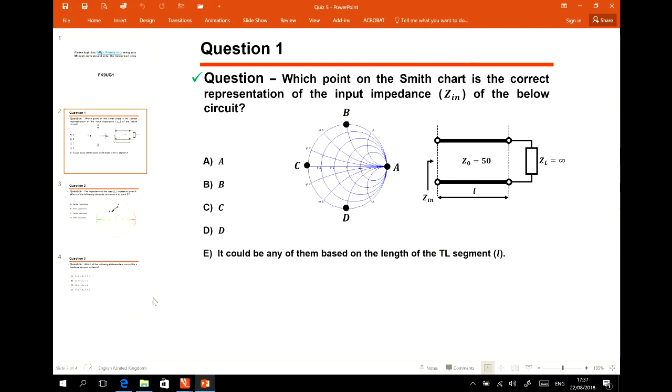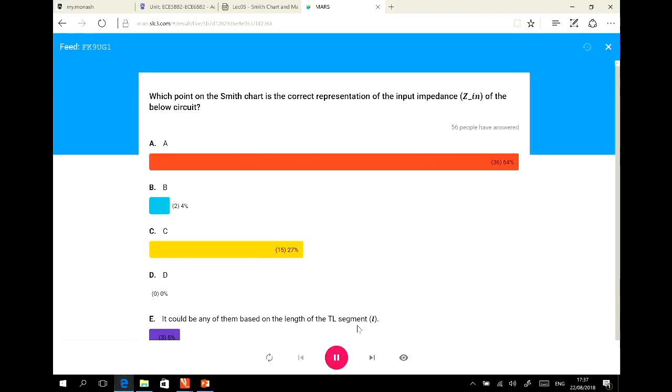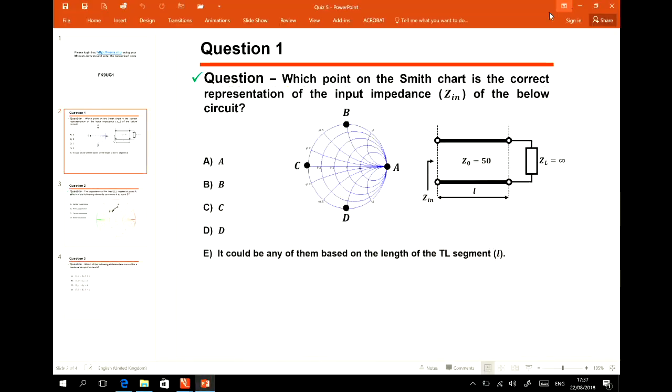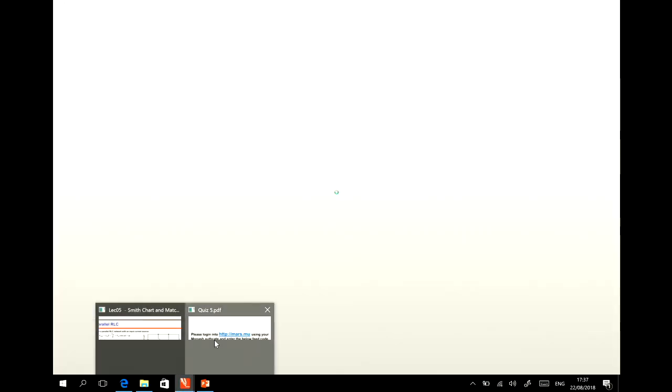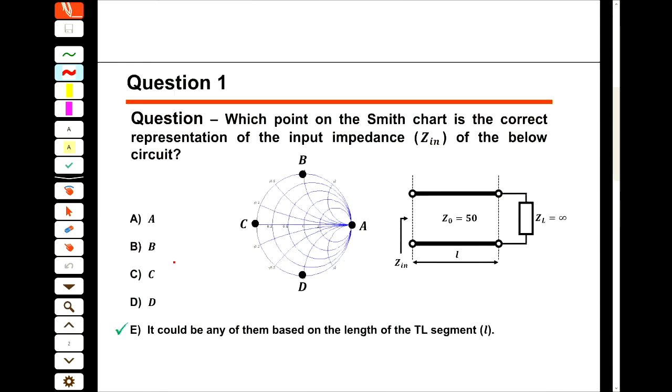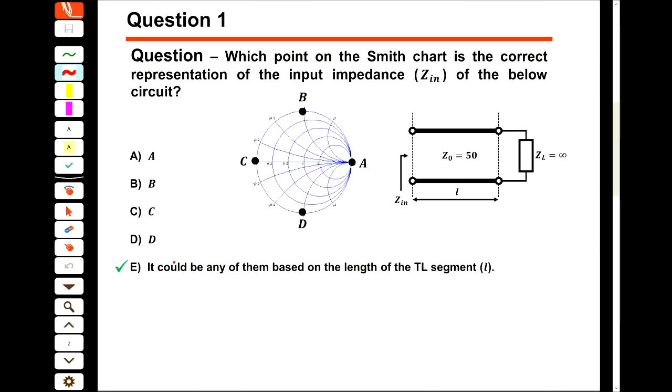So we have an impedance of infinity. Okay, where is the point for the Z in here? It is A. So here is the Z in at this point.